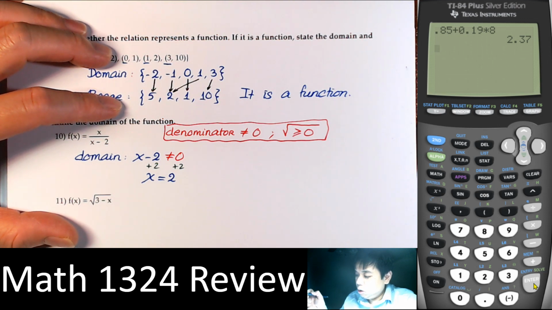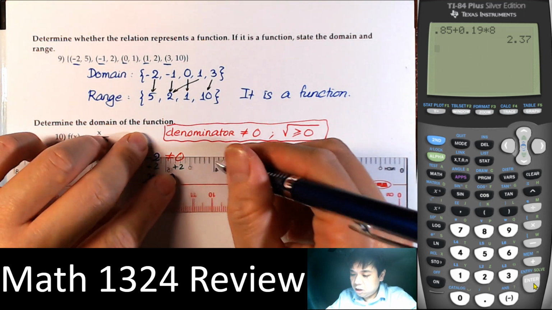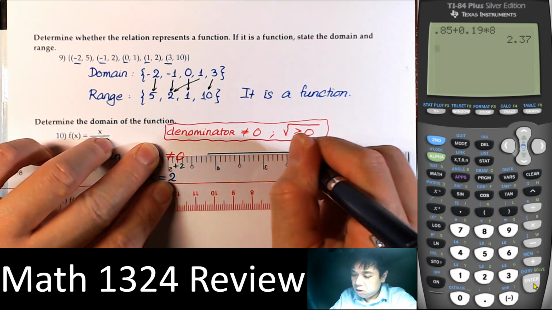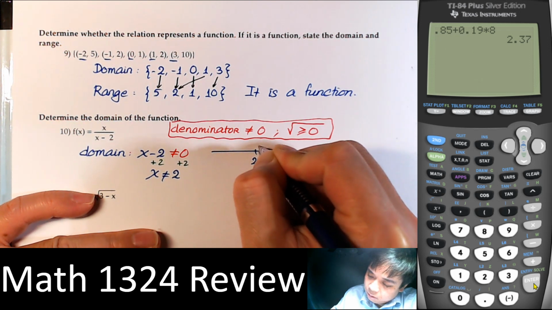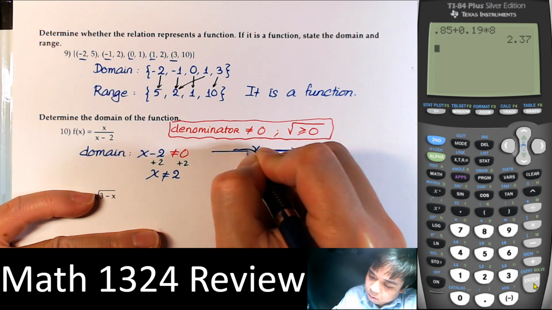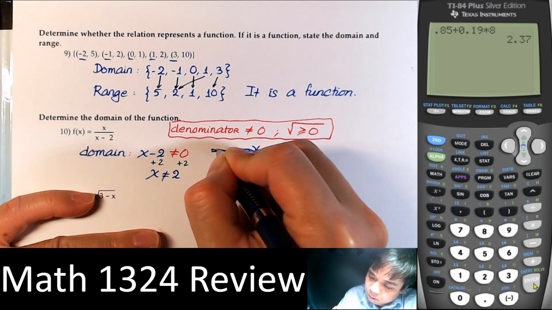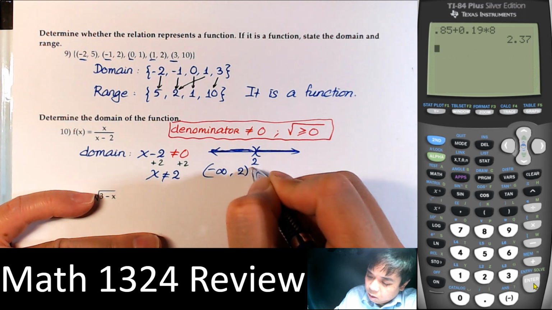Right. So if we want to, we can draw a number line. It's not equal to 2. Negative infinity to 2, or 2 to infinity.